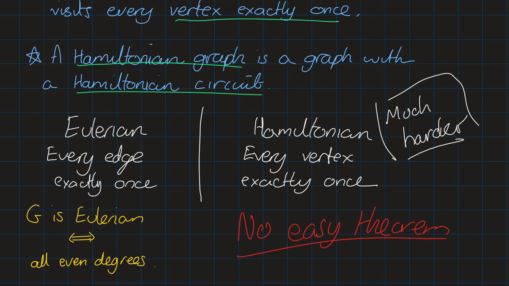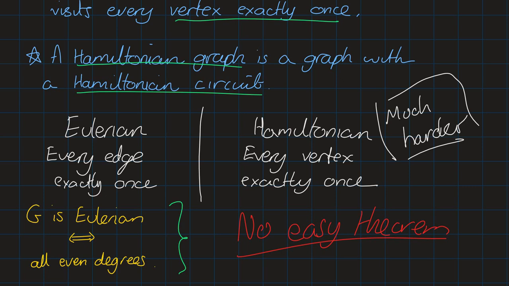There's a bunch of partial results which help you determine if a graph is Hamiltonian or not, but there's no theorem which completely sums it up like there is for the Eulerian side. Really, the fact that this theorem exists on the Eulerian side is a very nice gift. Checking the degrees of the vertices and that being sufficient to completely determine if the graph is Eulerian, that's really quite wonderful. There's nothing as easy or as nice on the Hamiltonian side.